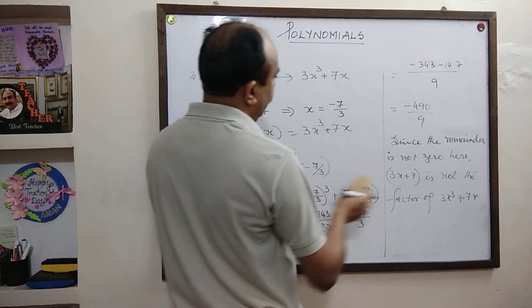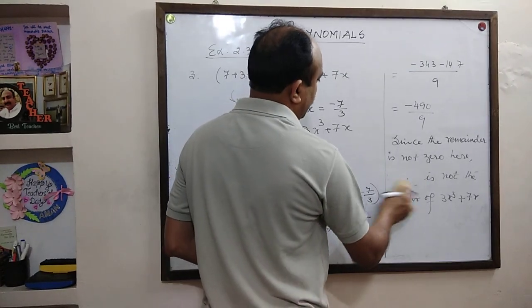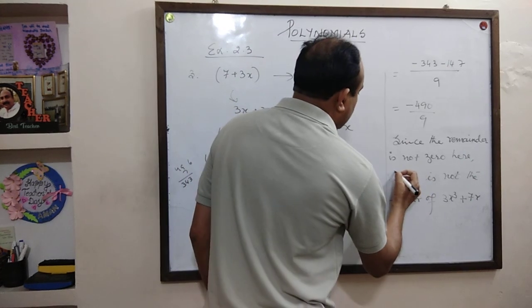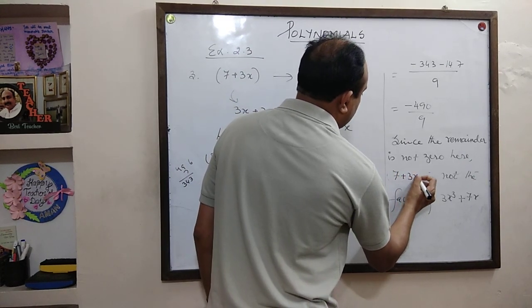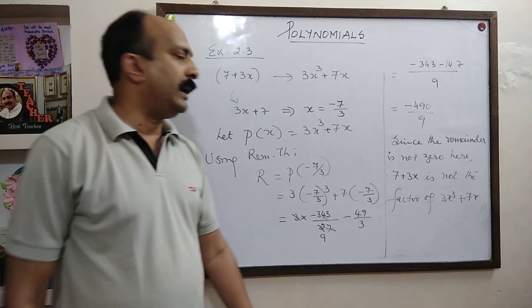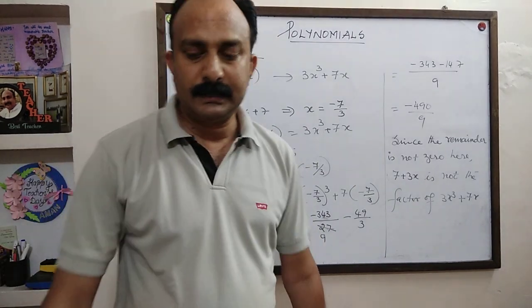Or in the question it is given as 7 plus 3x, so we can write it in that form. 7 plus 3x is not the factor of 3x cube plus 7x.